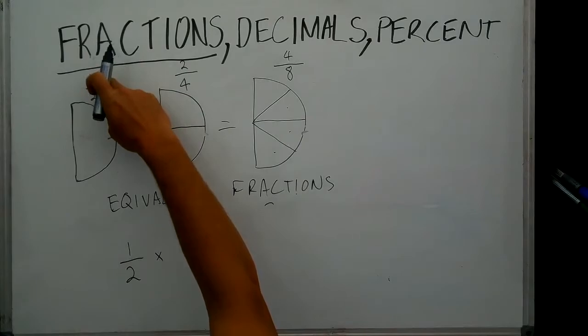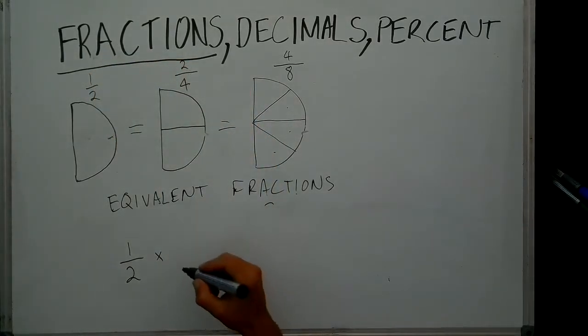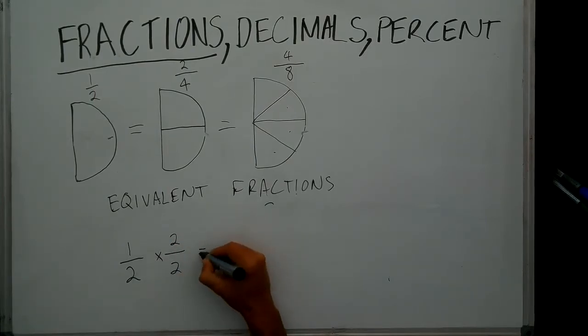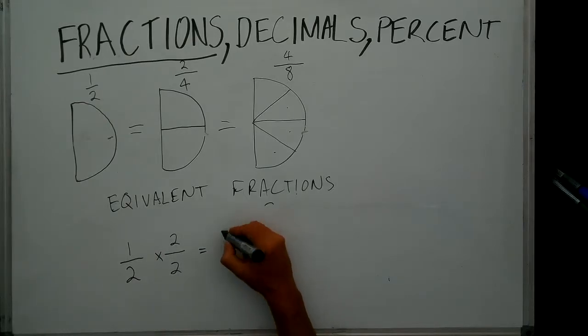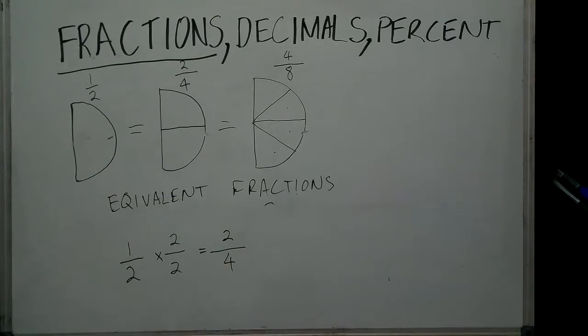If we look at 1 turns into 2 and 2 turns into 4, we're essentially multiplying the top and bottom by 2. So really this is half a pizza, multiplied by 1, and it comes out 1 multiplied by 2 is 2, 2 multiplied by 2 is 4, which is the fraction we had up there.